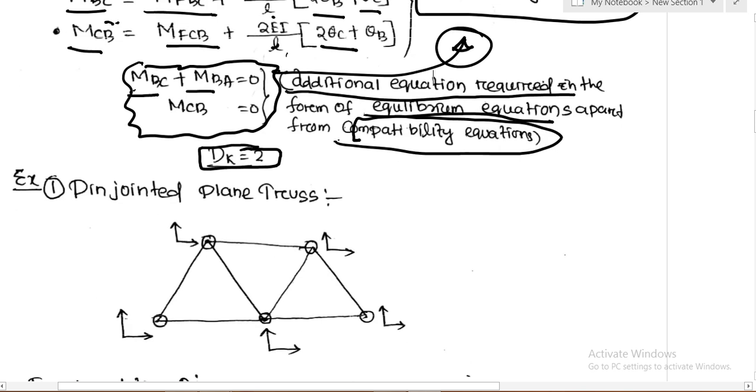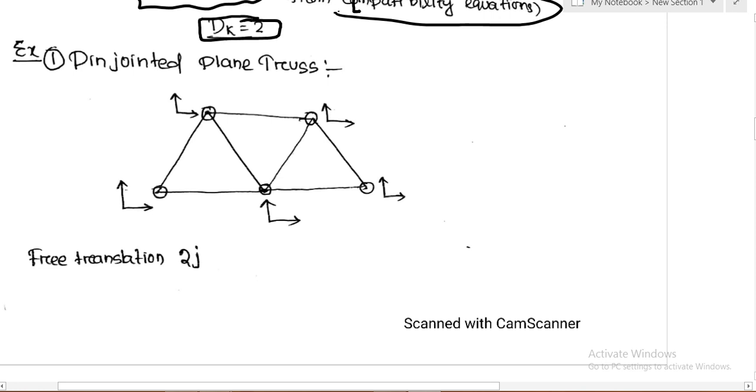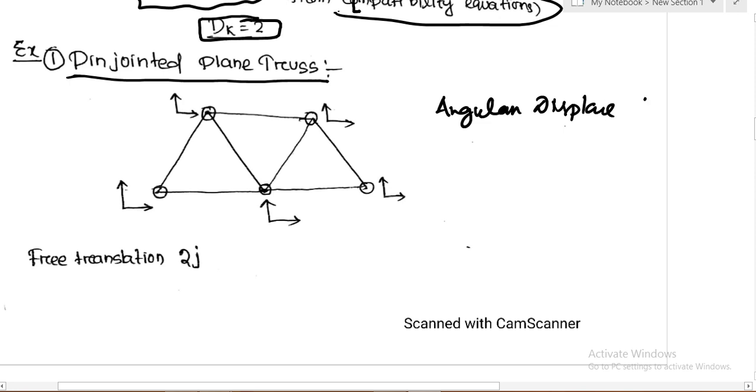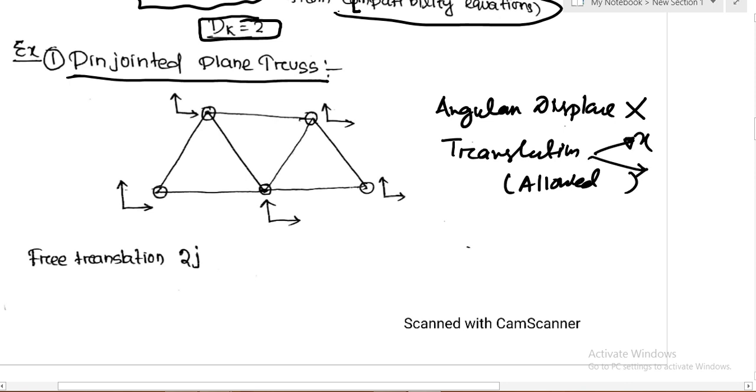So now you talk about the pin jointed plane truss. Okay, in this pin jointed plane truss, all joints are pinned. As I already told you, angular displacement is restricted. So only the translation part is allowed, and it can move in the x direction or the y direction.